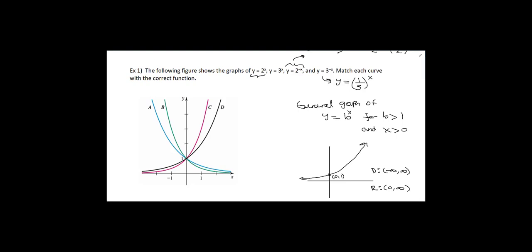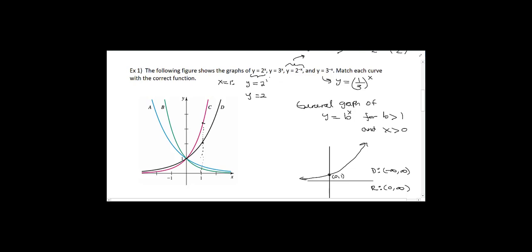So the next thing is to look at, okay, what about when x is 1? So when x is 1, what is the y value? So when x is 1 here, y is going to be 2 to the 1, which is 2. And so which one is that?